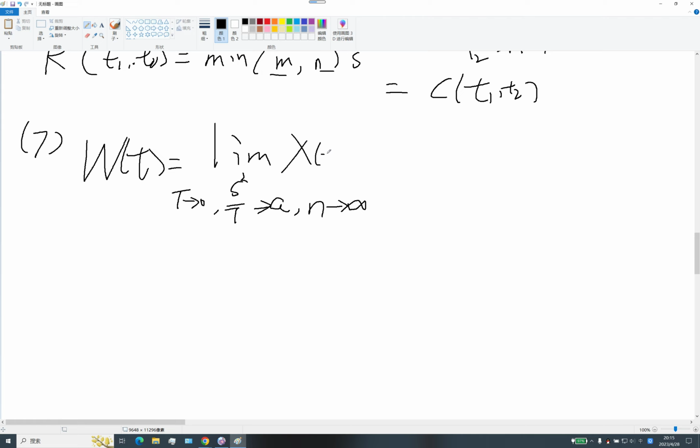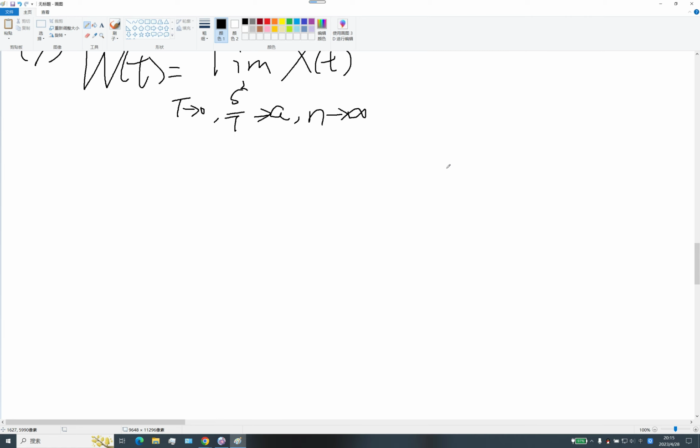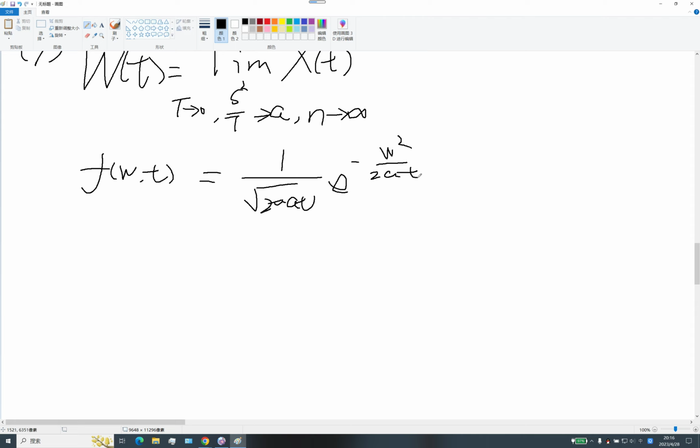So this is the limit of the random walk. Now we can get the property of this: we have the density function, f(w, t) equals 1 over the square root of 2 pi a t, times e to the minus w squared over 2 a t.